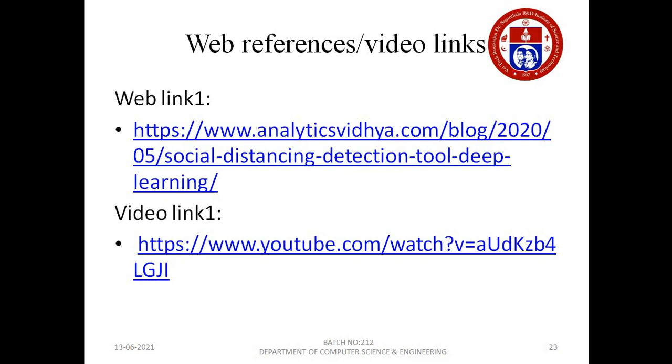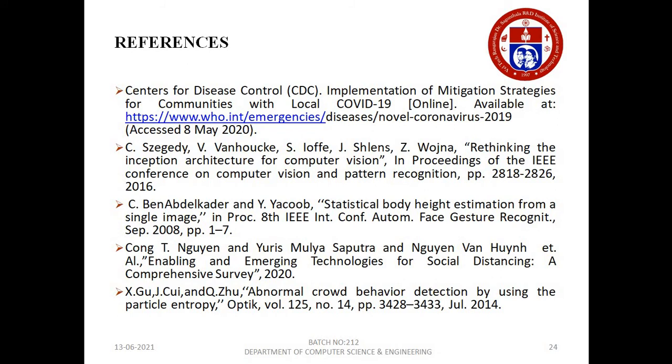These are the web references and video links which we referred to previously. Now we will go to the next slide. These are the references we referred to before selecting the project.